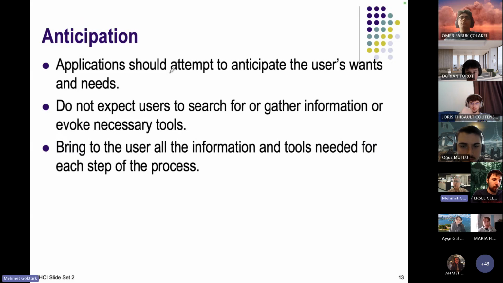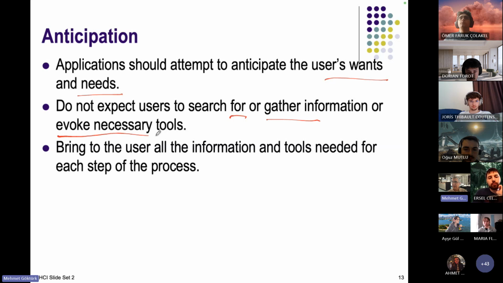The interface should do what I want. And it has to bring me the necessary things, such as what the user wants and needs must be anticipated, must be given, must be fulfilled. Do not expect users to search for or gather information or start necessary tools by themselves. Try to make them ready.